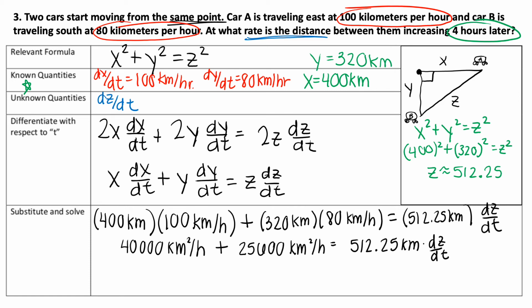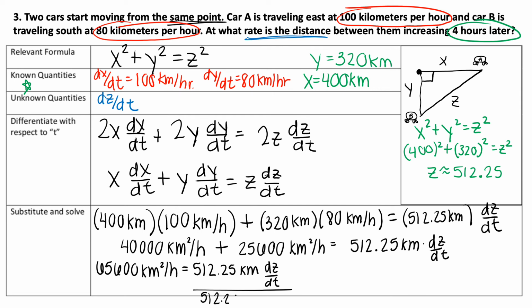Okay, let's add. So we have 40,000 plus 25,600 gives us 65,600 kilometers squared per hour, equal to 512.25 kilometers times dz/dt. So we can go ahead and divide both sides by 512.25 kilometers.